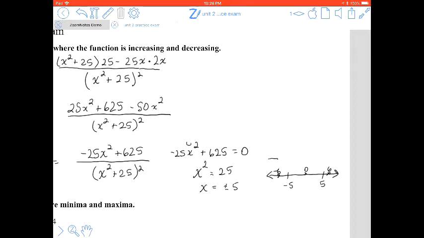If I plug in a 0 for x, you'd end up with a positive value. And if you plug in a 6 for x, you would end up with a negative value.